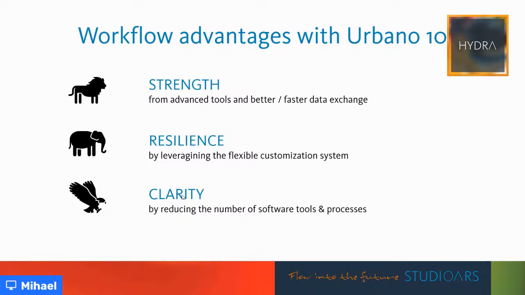Maybe you are doing some designs on AutoCAD Lite or things like this. So some of these tools, some of these processes will be replaced by one workflow through the Urbano software, which will just give you a much better sense of what you are doing and how you are doing it.